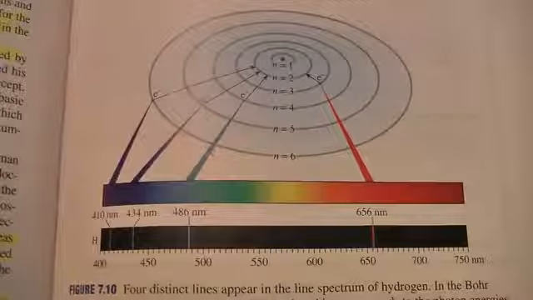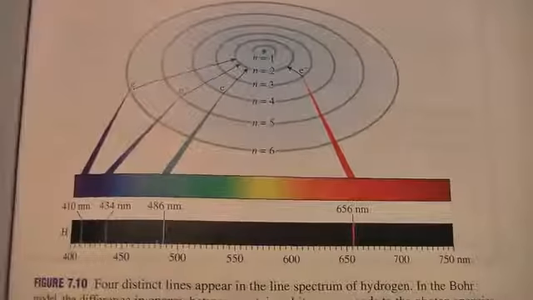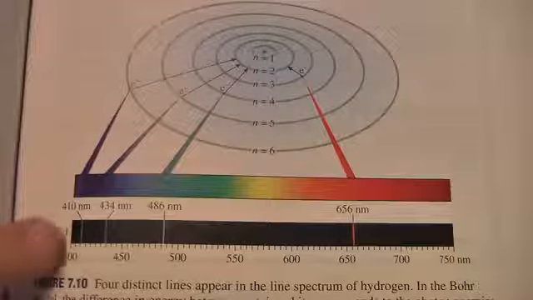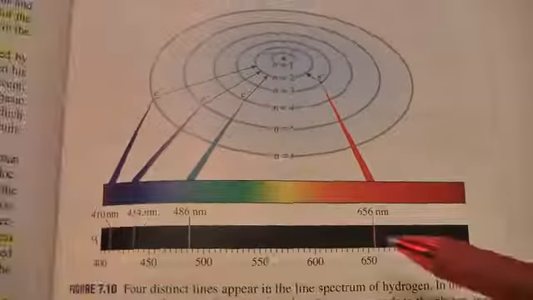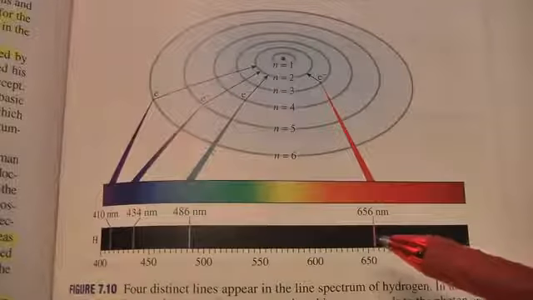On page 253 in your textbook, you'll see figure 7.10. Bohr's model was accepted because it explained the hydrogen line spectrum, which is right here. Now this line spectrum is specific to hydrogen.